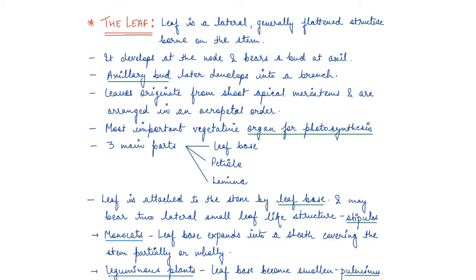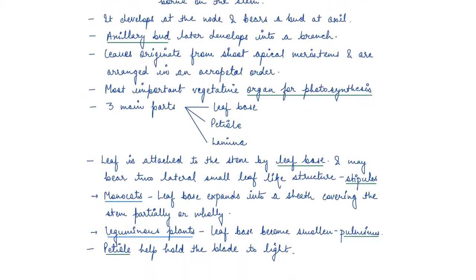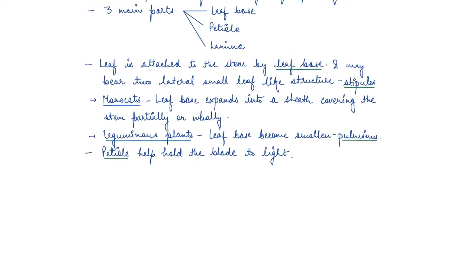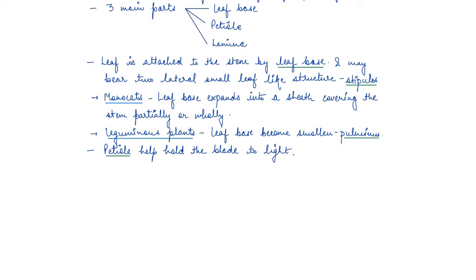So the leaf is attached to the stem by a leaf base, and it may bear two lateral small leaf-like structures which are nothing but stipules, right?